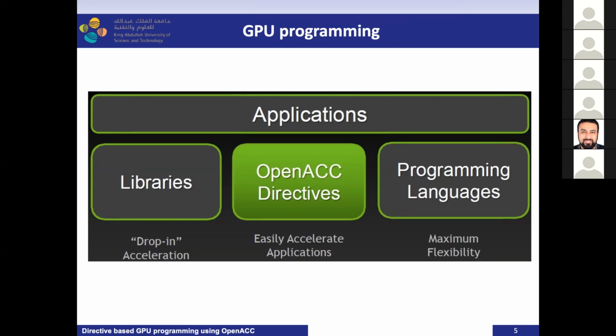If you want me to put it in one sentence, OpenACC is more descriptive, in the sense that you describe the parallelism that you wish to expose to the device, and rely on the compiler to understand whatever you describe in terms of parallelism, and you run it on the accelerators.